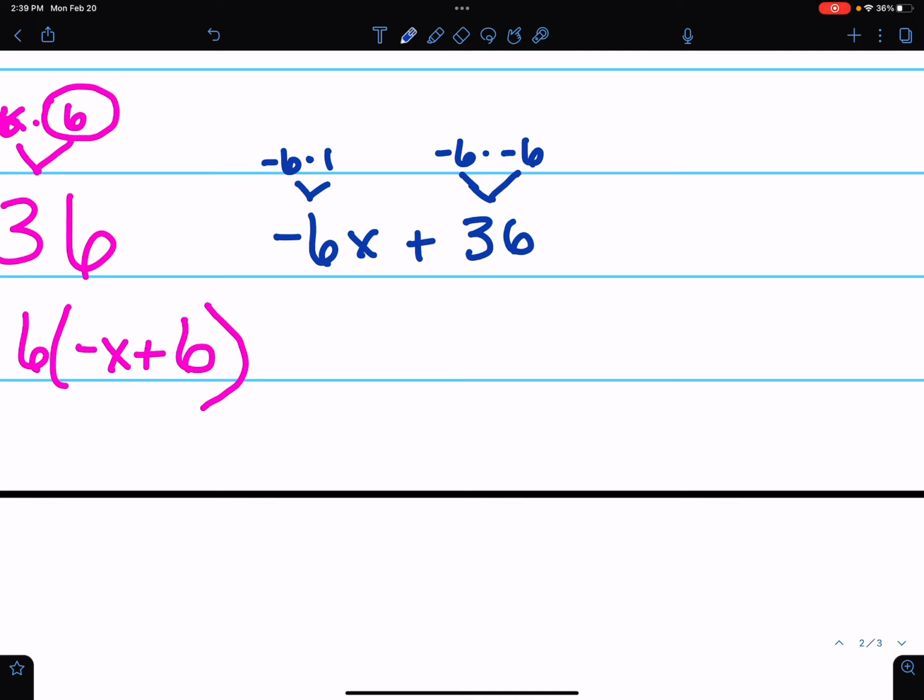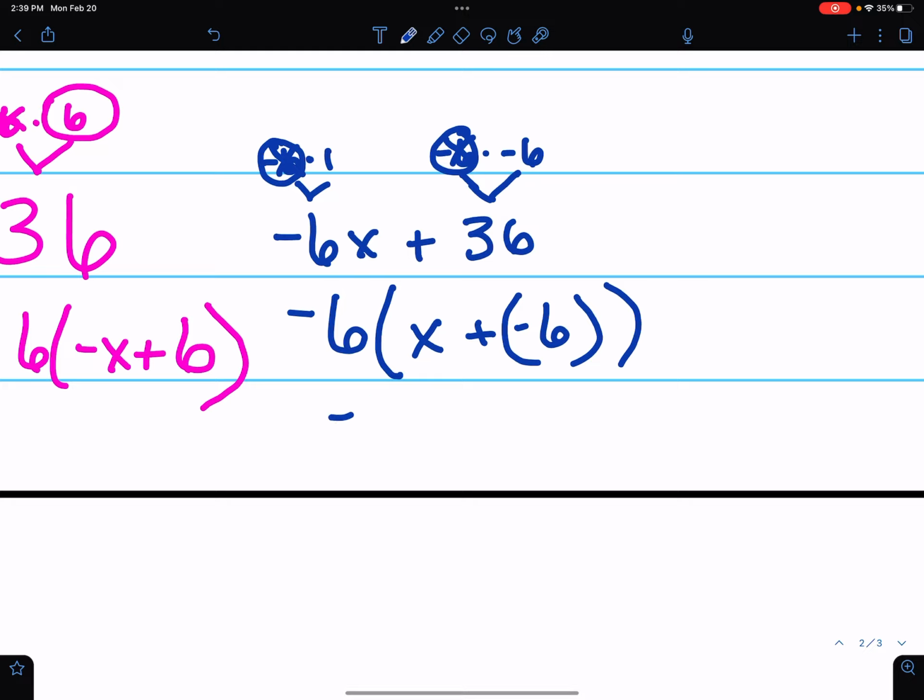So I need a positive 36, and I can only get that by multiplying a negative times a negative. So if I pulled out the -6, I am left with a +1, which would be the positive x, and I'm left with a -6, which would be -6 times x minus 6.